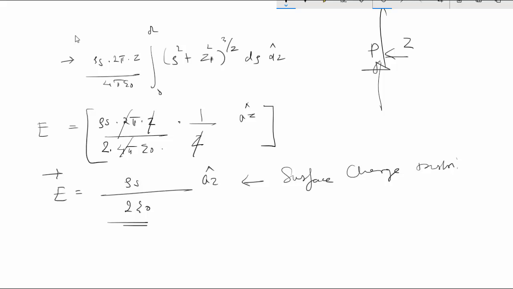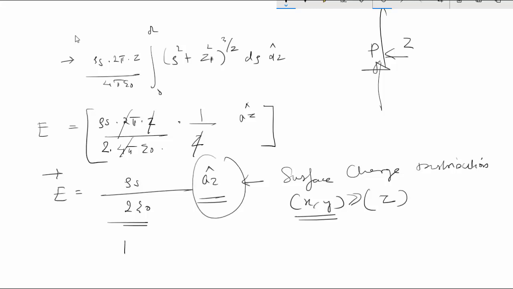This can be az, because the plane you considered was the xy plane and the point was located on the z axis. So again this will vary accordingly, and you can write it as E for the field in the n direction as rho s upon 2 epsilon naught into an. So this can be the general equation.